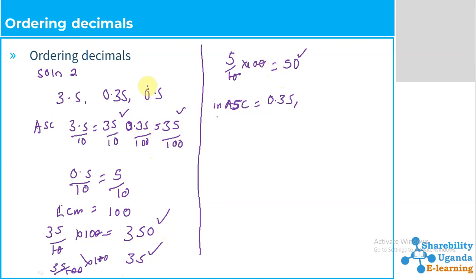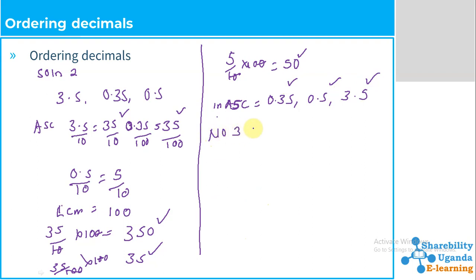Then we have 0.5, and the last one, which is 3.5. So now we can see that this one is the smallest, this one is the second smallest, third smallest. Okay, so let's also try out another number, which is number 3.